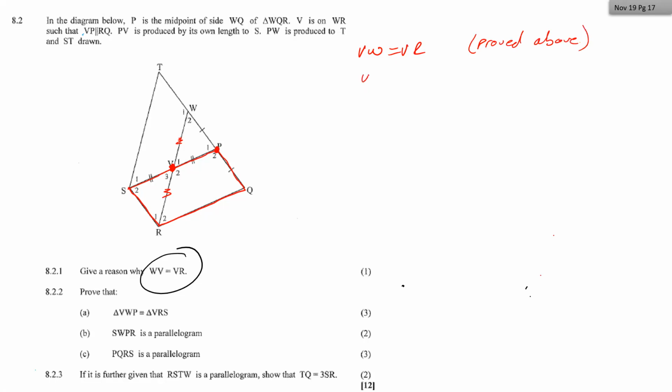And we know that WP is equal to PQ, that was given. Therefore, we can now conclude that VP is parallel to RQ, and that is the midpoint theorem.